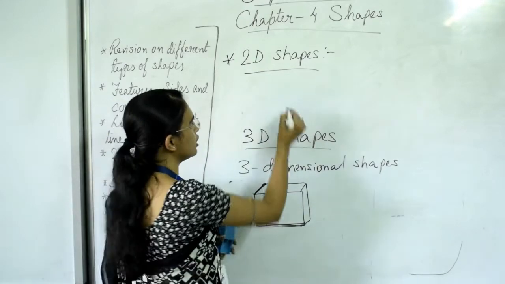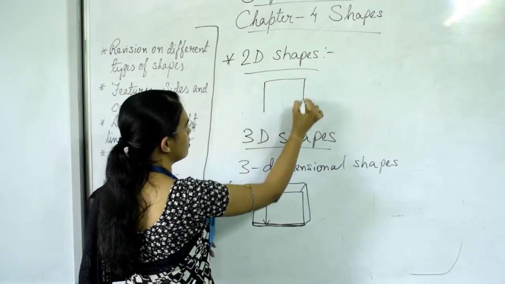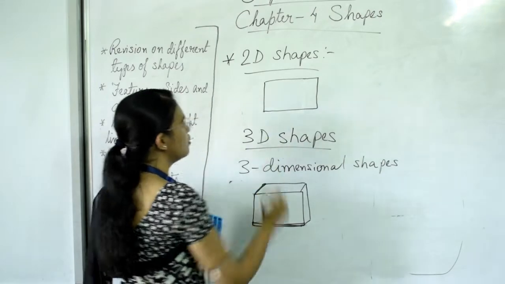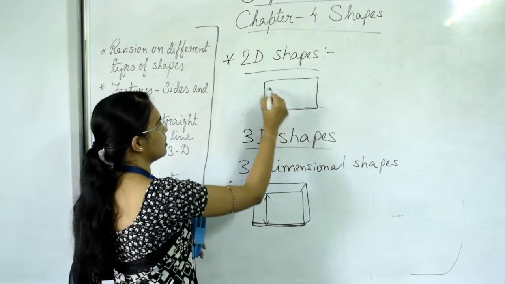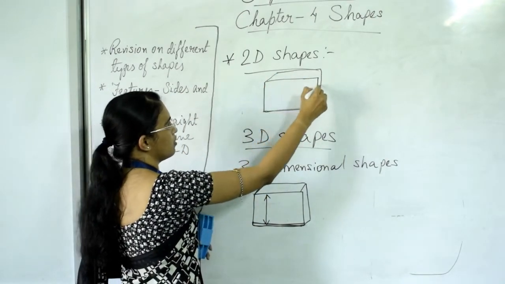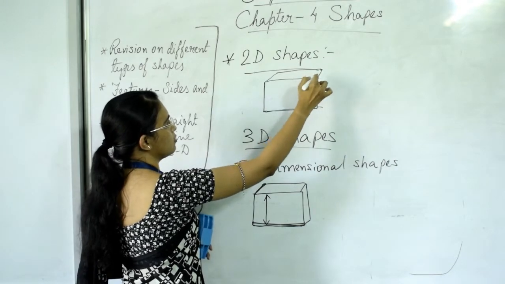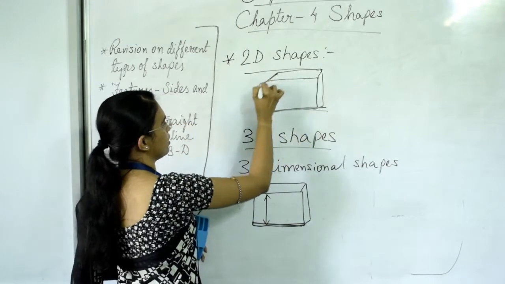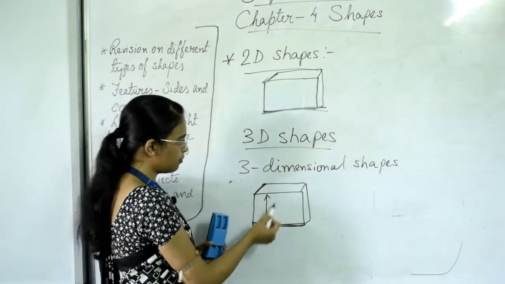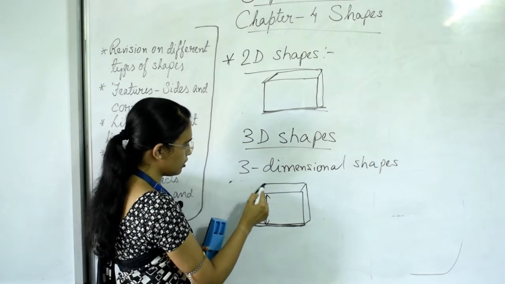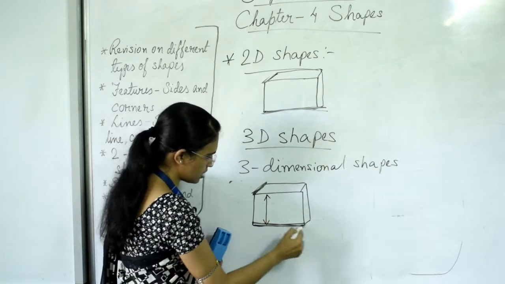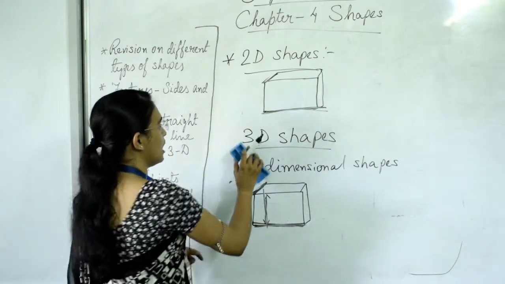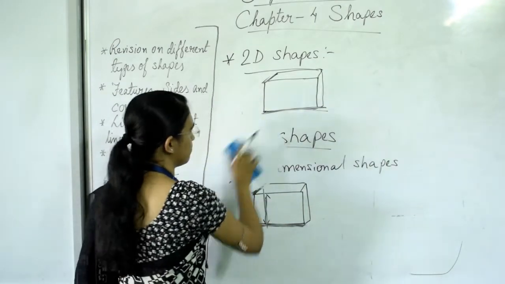But in a 2D shape we have only two measurements. One is length and another one is breadth. This one and this one. But in a 3D shape we have three measurements. One is breadth, another one is length, another one is height. So now we will discuss 3D shapes.